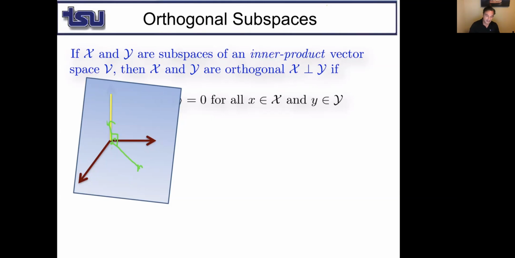So we say that X and Y are orthogonal if we have the inner product of x and y equal to 0 for all x in X and for all y in Y. So if you pick any vector in the plane and any vector on the line, and the inner product of those two is 0, then X and Y are orthogonal. I hope this is clear. It's important. Orthogonal subspaces are important.